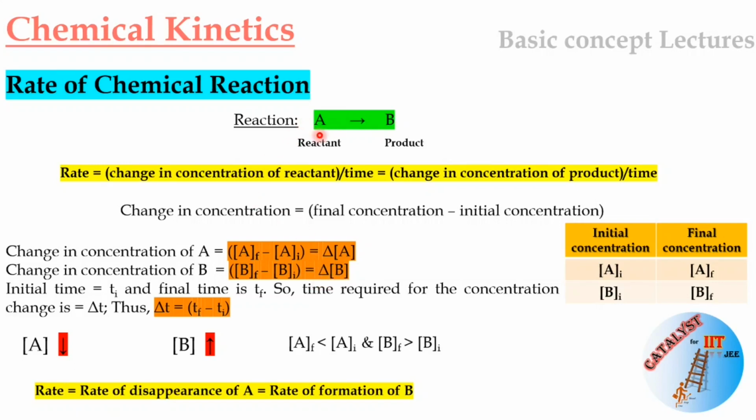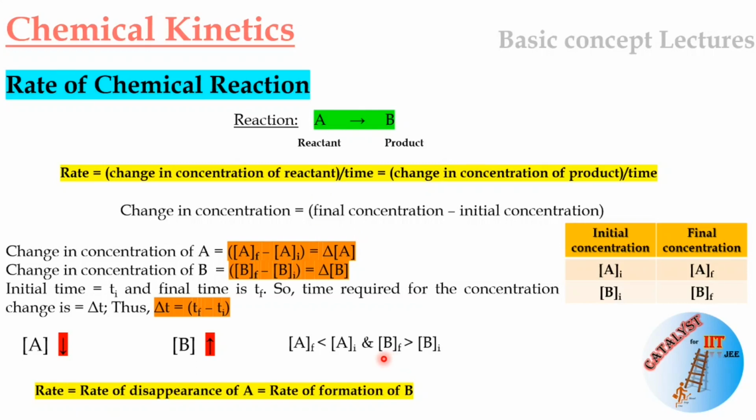Now when the reaction proceeds, what happens? The reactant gets converted into the product. That means with time the reactant concentration is going to decrease and the concentration of the product is going to increase. So the final concentration of the reactant is always going to be less than the initial concentration, which is A here, right?